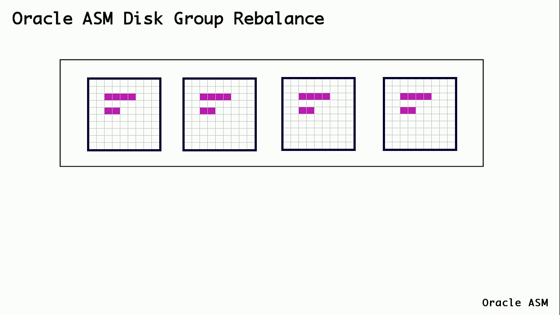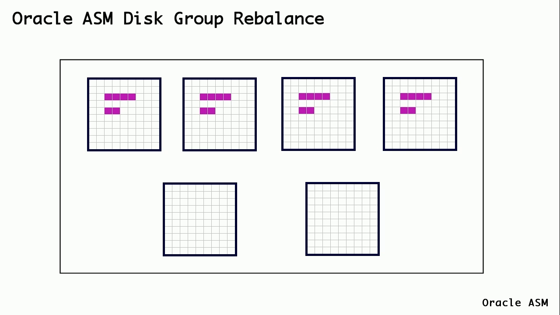Now, let us add 2 new disks to this disk group. Oracle ASM will start a disk group rebalance operation. It will move 2 ASM extents from each of the 4 existing disks to the new disks. It will move a total of 8 ASM extents. At the end of the disk group rebalance operation, ASM extents are evenly distributed across all ASM disks.